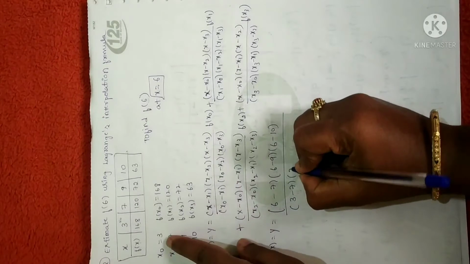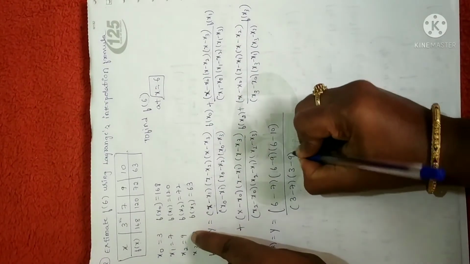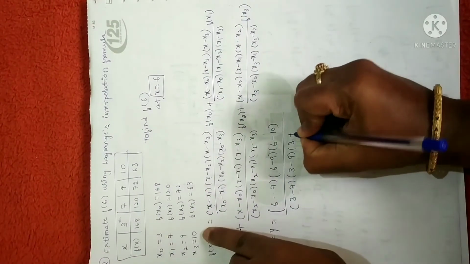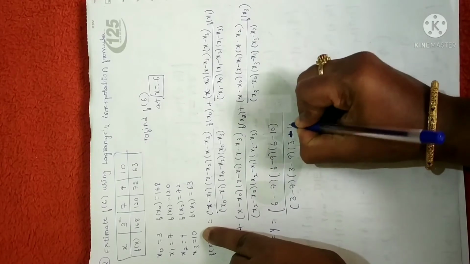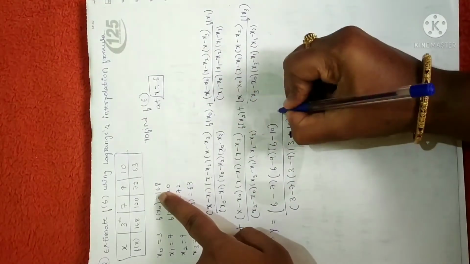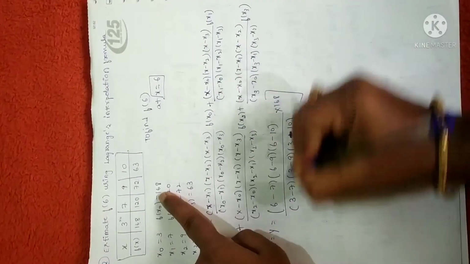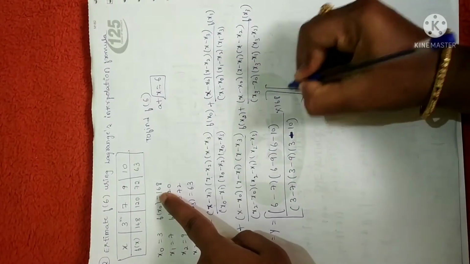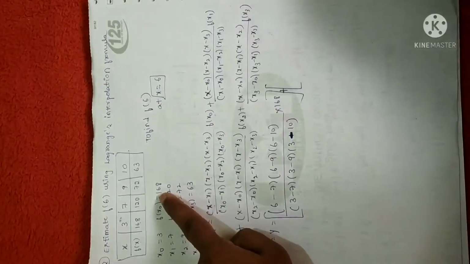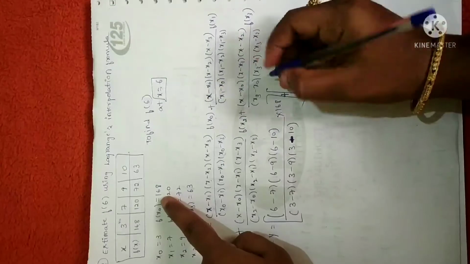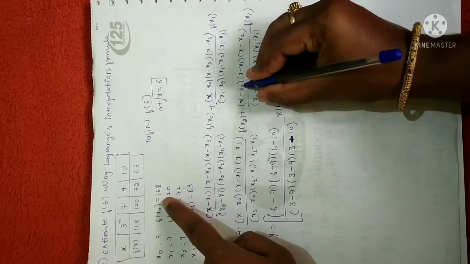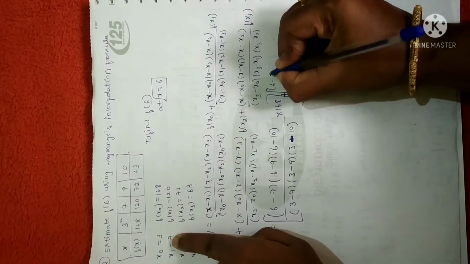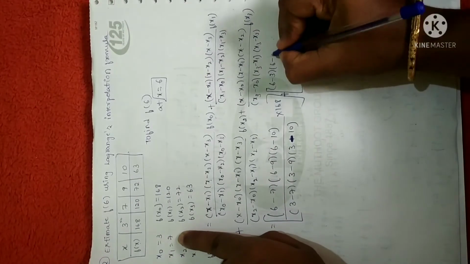Next, x naught is 3 minus x2 which is 9. Next, x naught is 3 minus x3 which is 10, into f of x naught. f of x naught is 168. So this is the first term. Clear? Plus, I'm sorry, in between plus is there. So plus x, next x is 6 minus x naught which is 3. Next, x is 6 minus x1 which is 7.